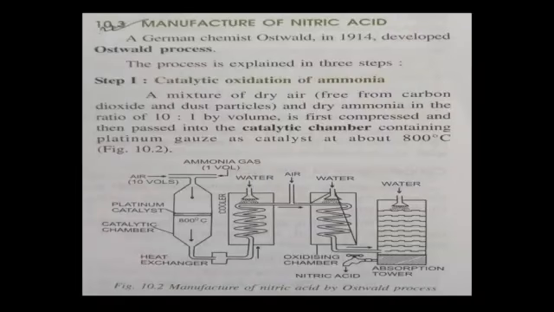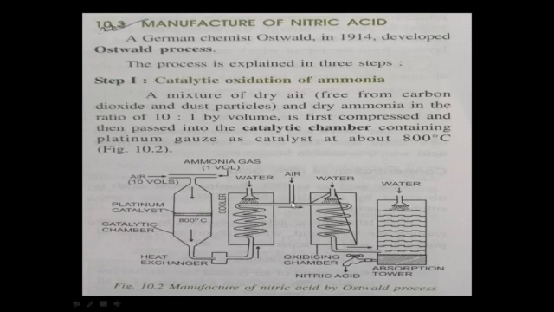You can see here, the air and ammonia gas is passing, and then here nitric oxide is passed, and this nitric oxide is cooled here. Then this nitric oxide is further combined with air.